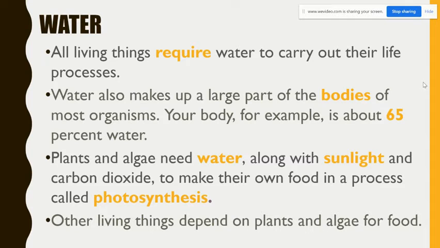Plants and algae also need water, and they need that along with sunlight and carbon dioxide to make their own food in a process called photosynthesis. And then other living things depend on those plants and algae for food, and they eat that, and so they get the water back from eating those plants and algae.